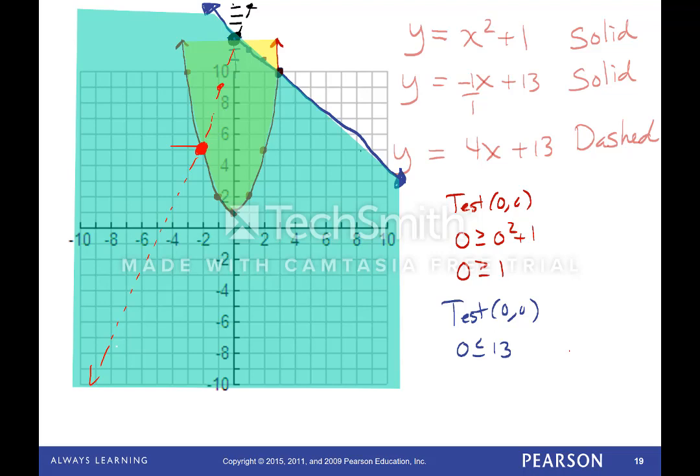All right, test point. Here it is. Let's test this one. The test point is 0, 0. Oh, sorry, kind of writing crooked there. I'm comparing y, which is 0, less than 4x plus 13. So at this point, it's comparing 0 to 13, and that is a true statement. So if that's the case, it's going to go this way.